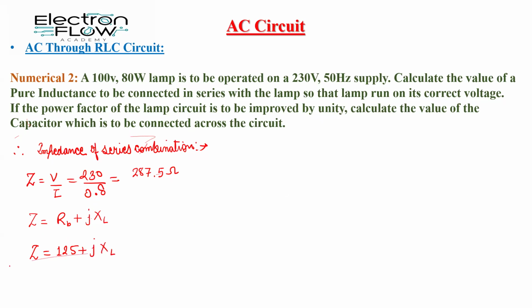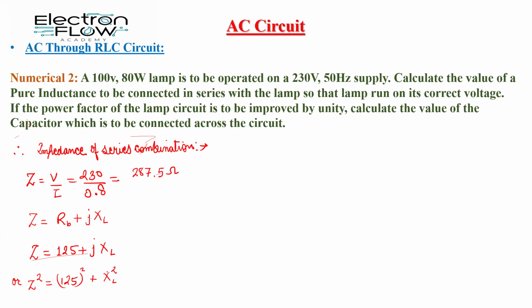Also we can rewrite this expression as Z square is equal to 125 square plus XL square.